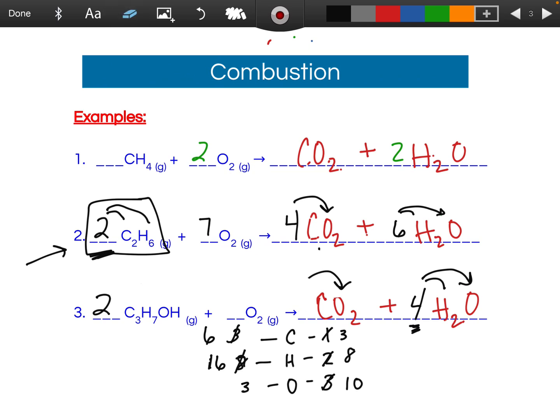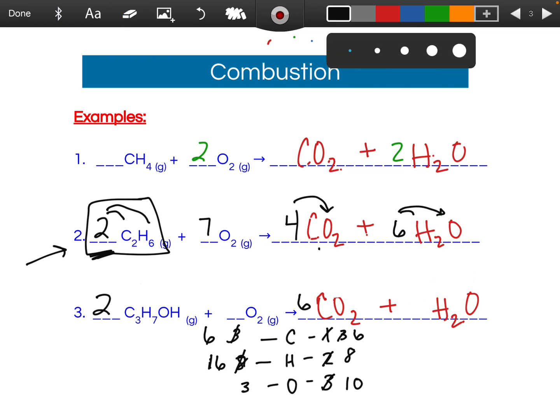So I'm going to have to erase the coefficient that I have for carbon. I have 6 carbons on the reactant side, so I need to put a 6 here. And again, I'm going to wait to do oxygen at the very end. I have 16 hydrogens on the reactant side, and so I need to change my coefficient over here. So I have a total of 16. So 8 times 2 is 16.